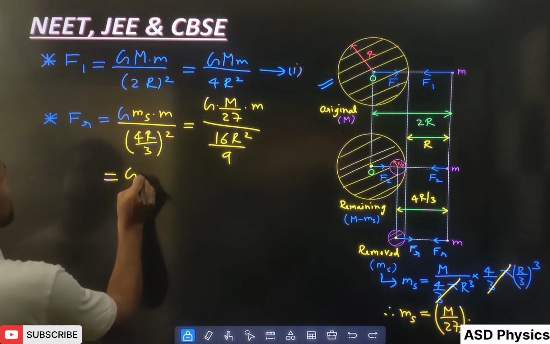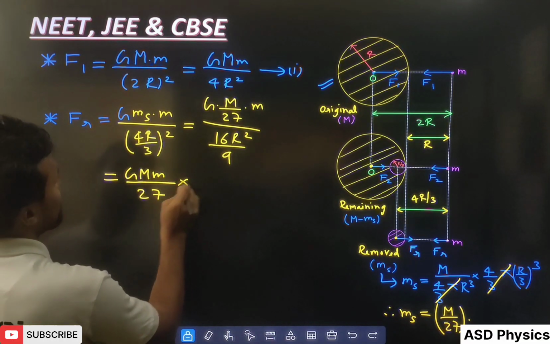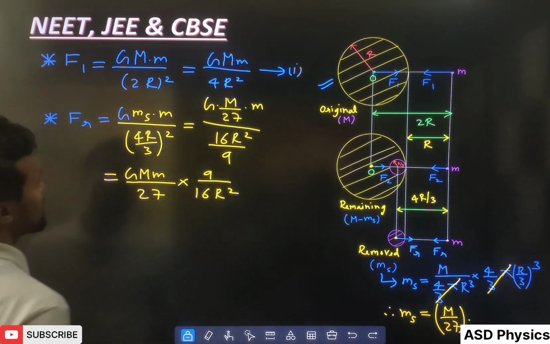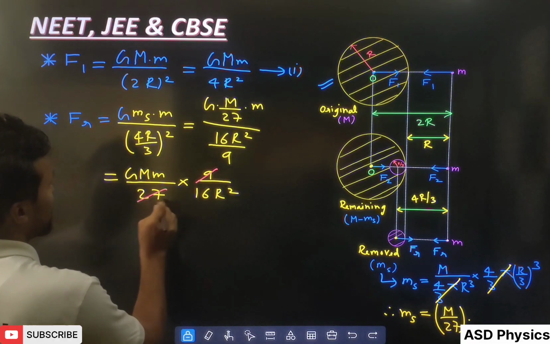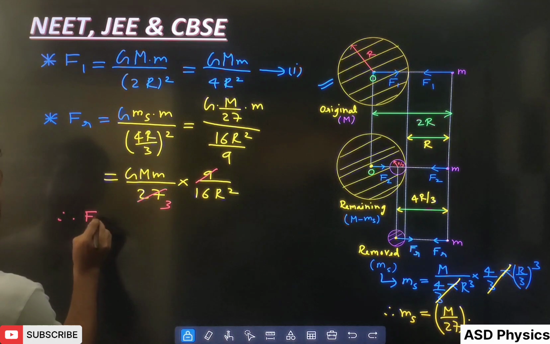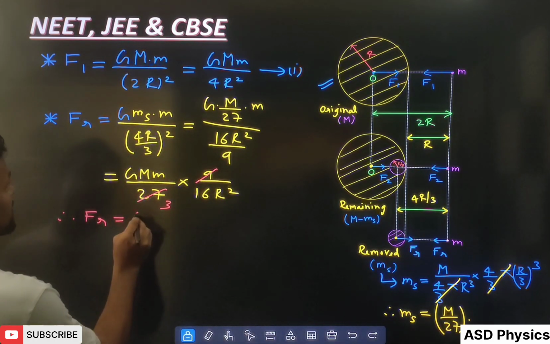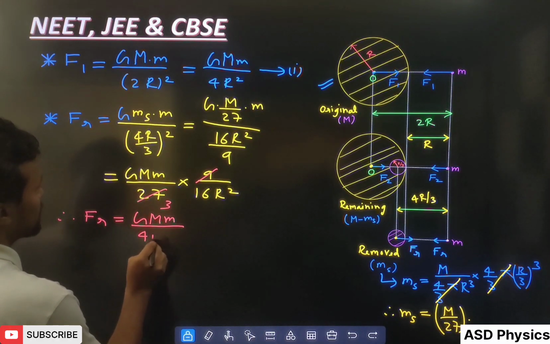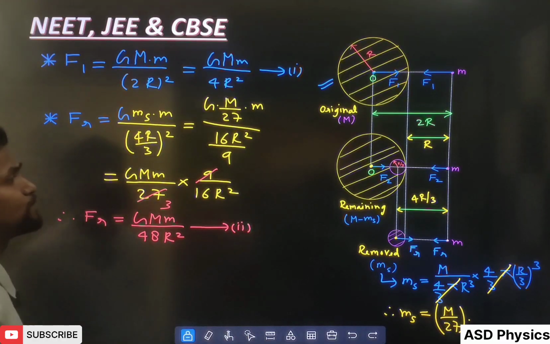So we can write G capital M small m by 27 into 9 by 16r square. So let me cancel this: 9 3s are 27. So we can write the force of this removed sphere, Fr, as G capital M small m by 48r square. This is equation 2.